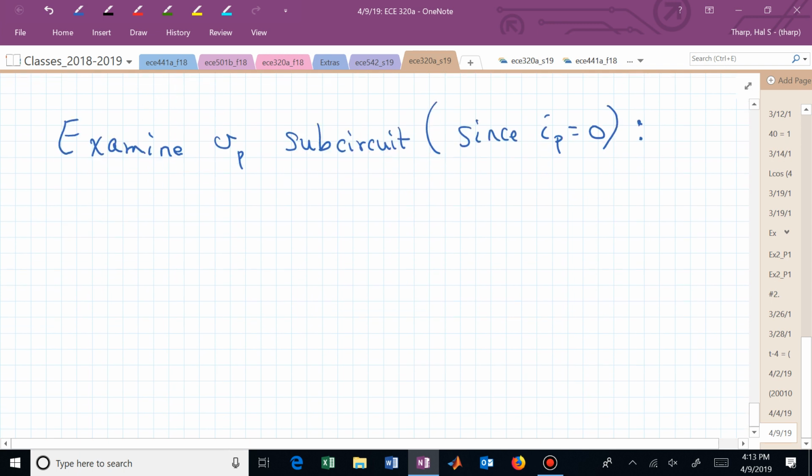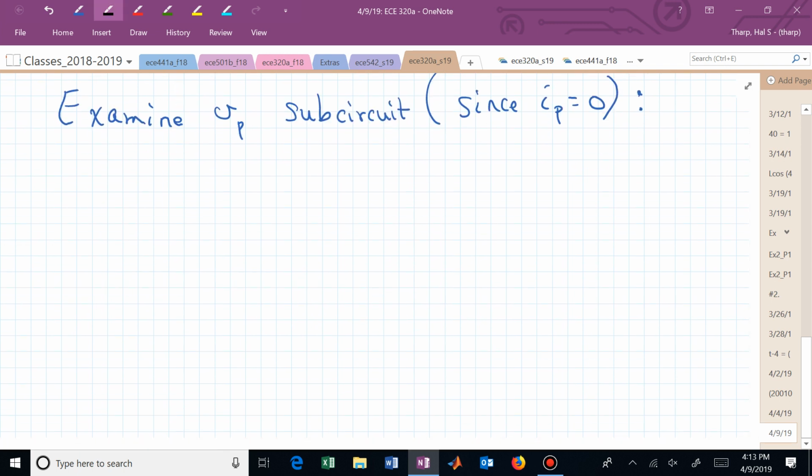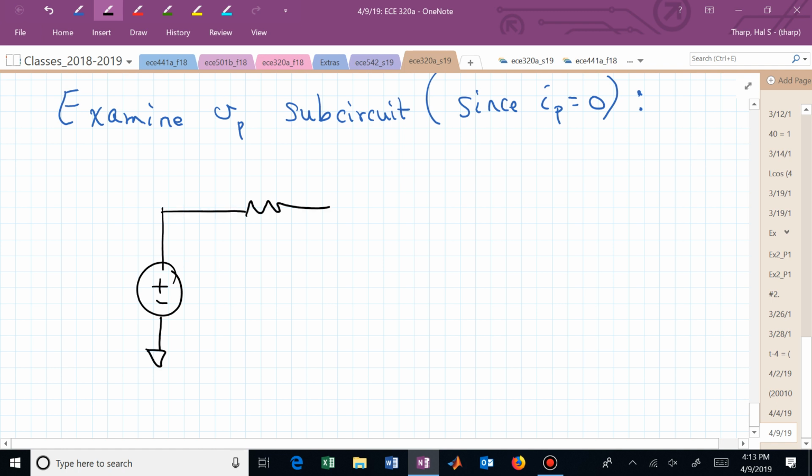Let's draw that little subcircuit, and then you'll be able to convince yourself how straightforward the analysis is. Here's our V sub P, which is consistent with the grounded terminals on that inductor.